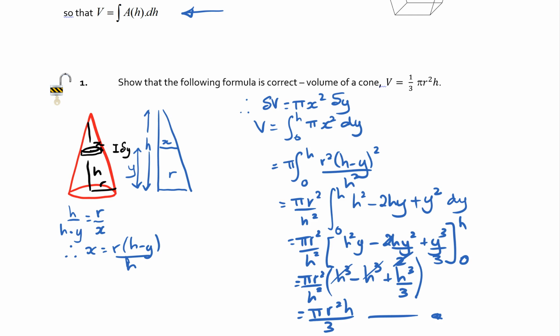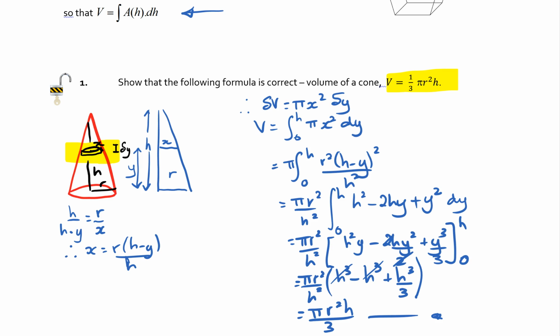Show that the following formula is correct. The volume of a cone is in fact 1/3 pi r squared h, as you would remember hopefully from junior school. So to do that, we know that if we take a slice of the cone, then that's a little circular disc, I suppose, in a way.